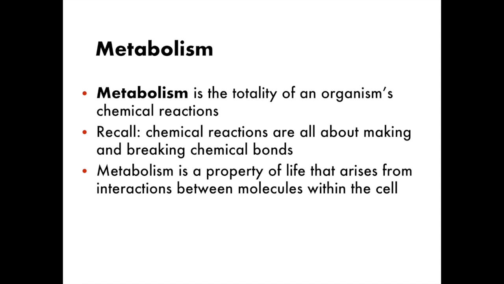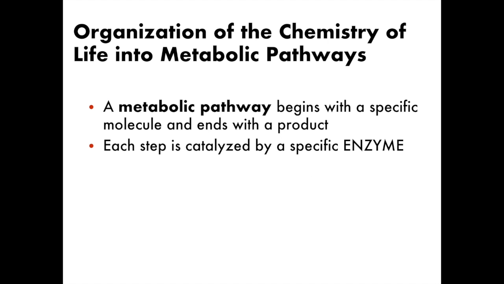So metabolism is a property of life that arises when we have interactions between different molecules within the cell, between different carbohydrates, lipids, proteins, and nucleic acids. So in organisms, we have different metabolic pathways.